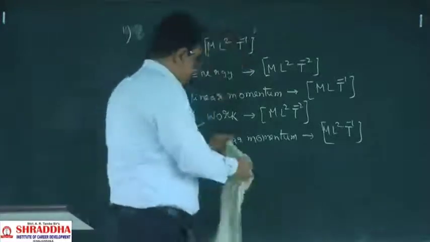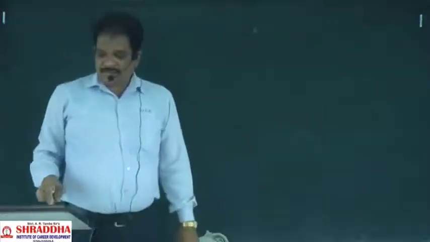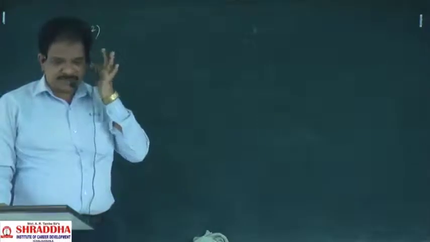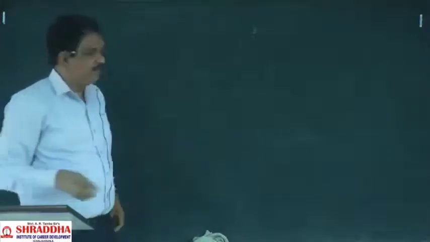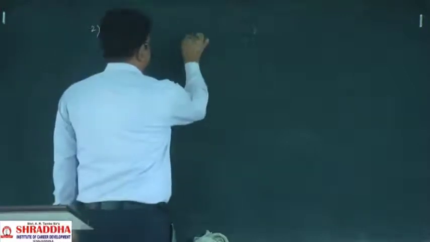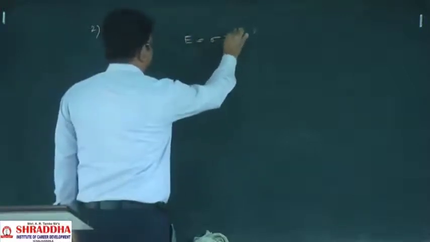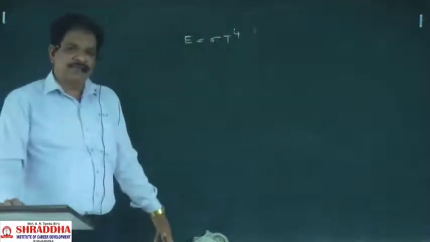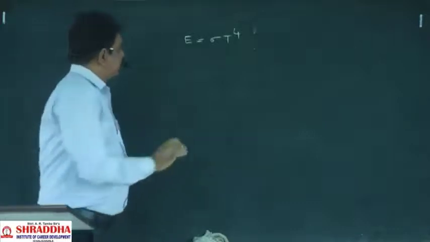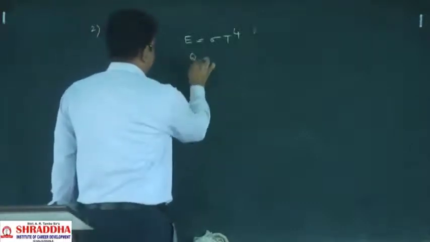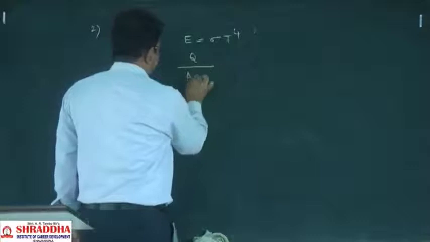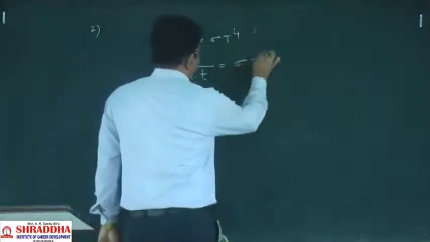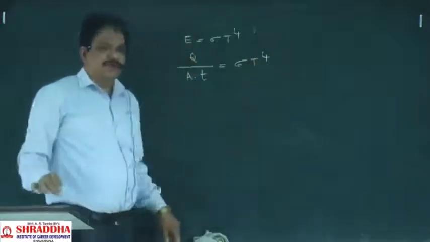Next, second question. Units of Stefan's constant is how much? Stefan's law is what means E is equal to sigma T power 4. That is Stefan's law. Next, E means what here? Heat energy emitted per unit area per unit time is equal to sigma T power 4.